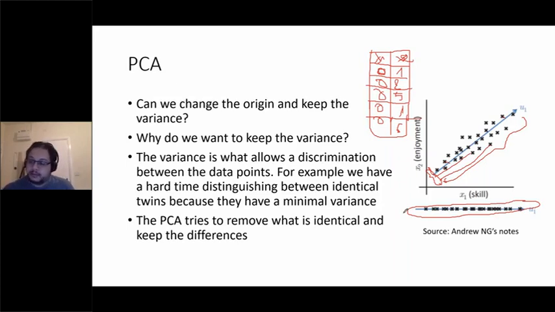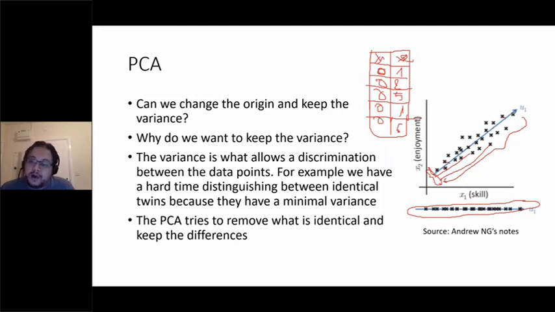Sorry, the variance is not like the characteristic that help us to see how far our data points are from the mean? Yes, how far are they from the mean. When we do the projection, we try to find the maximum variance that we can have.